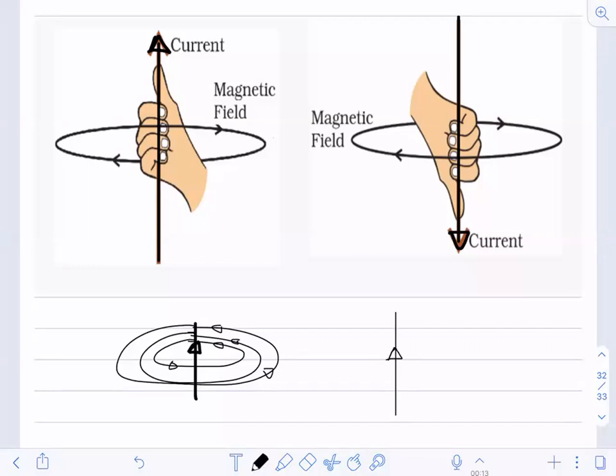Left hand side, right hand side will be region 1, and the other side will be region 2, suppose. So in region 1, for anti-clockwise direction, the magnetic field lines should go inside, and in region 2, what should happen? The magnetic field lines should come towards you.